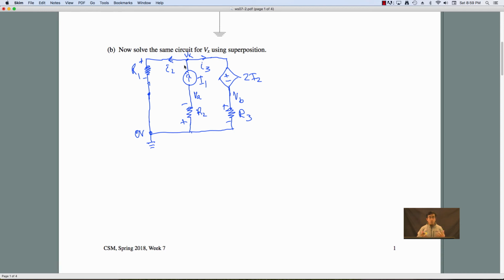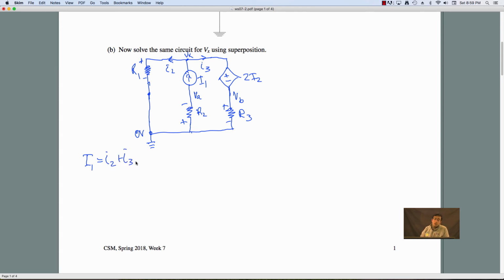And now again, with this setup, we can just jump right in using KCL at that node Vx. And we actually get the exact same relationship between currents as we did when we did our nodal analysis, which is that I1 is equal to I2 plus I3.